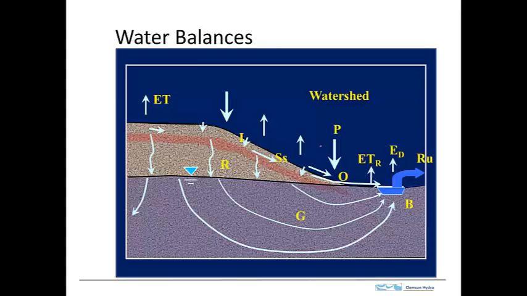So the approach is going to be to basically take our system, and here I show the fluxes in a cross-section in a watershed with an aquifer. And the basic approach, remember, is 3 steps. One is to define the control volume.